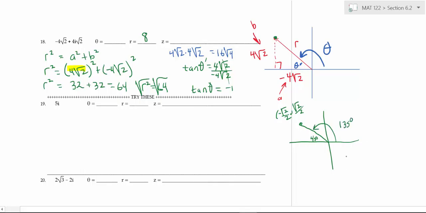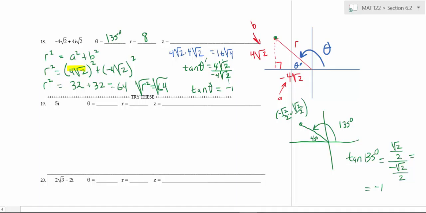Well, that's what happens: the tangent of 135 degrees is just equal to y over x, which is equal to negative 1. So what you'd end up having is a 135-degree angle. So you're just doing an inverse tangent on that.